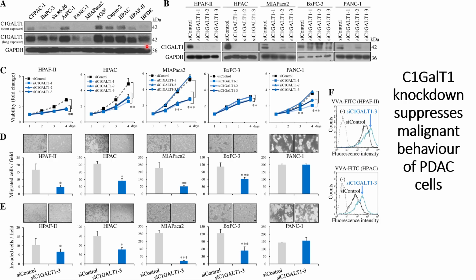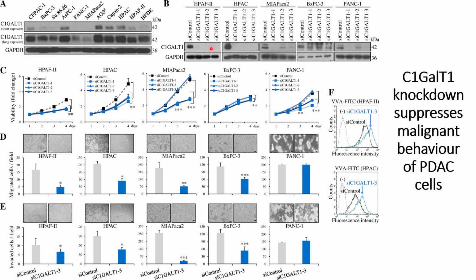Thereafter they knocked down C1GalT1 using 3 silencing RNAs that are represented here as SI-GalT1-1, SI-GalT1-2, SI-GalT1-3, and they can see that the SI-GalT1 shows a decrease in C1GalT1 expression compared to the signals they saw in panel A in almost all the cell lines.